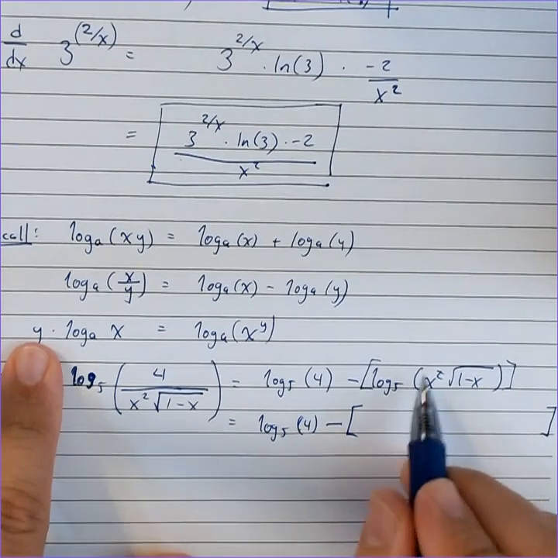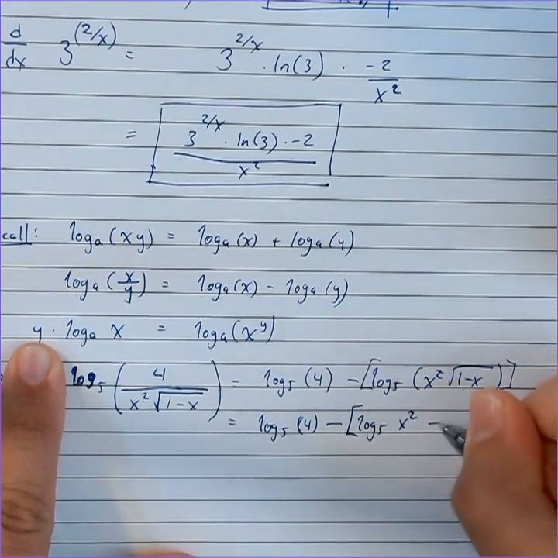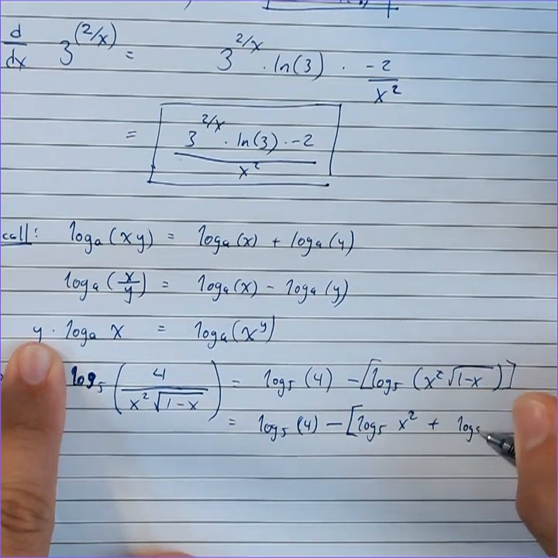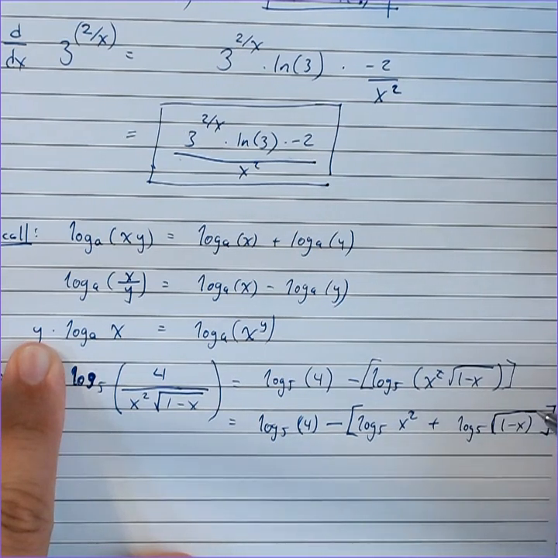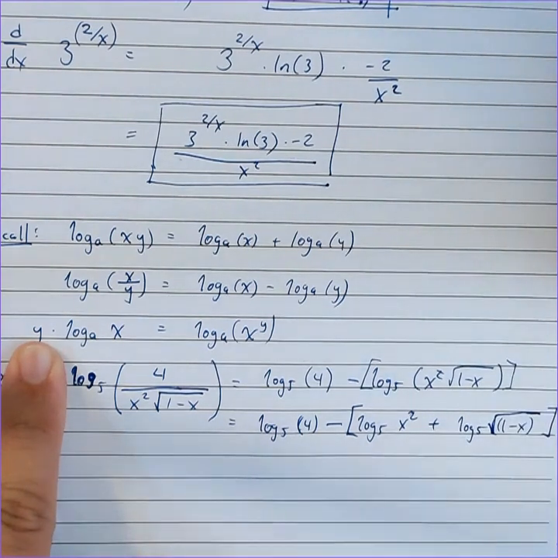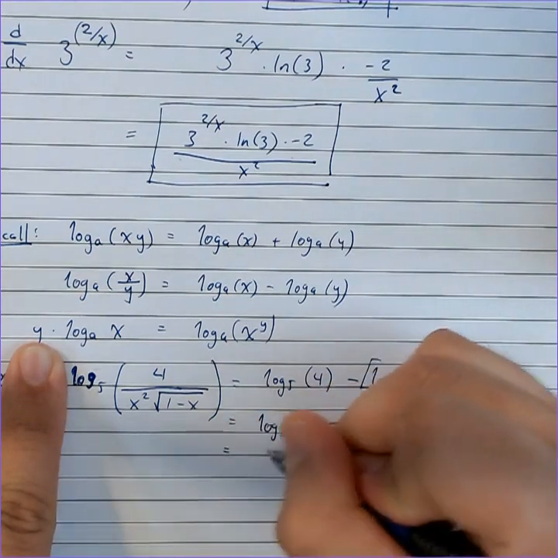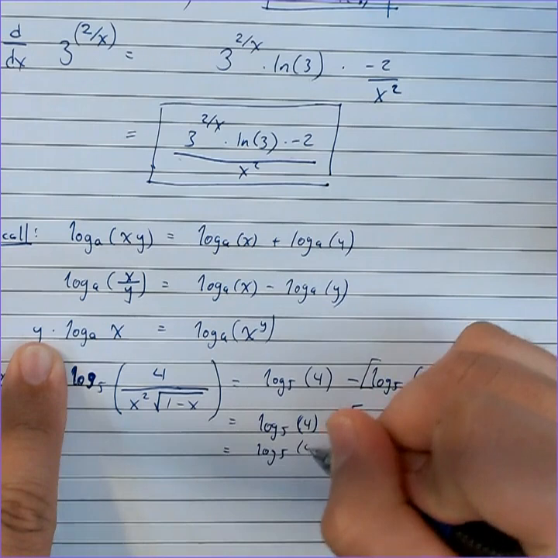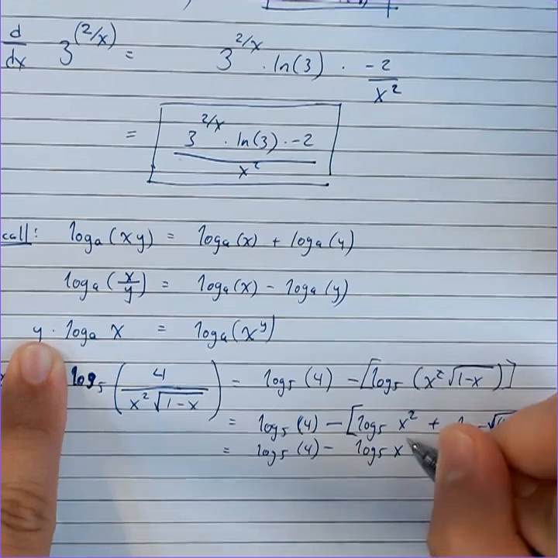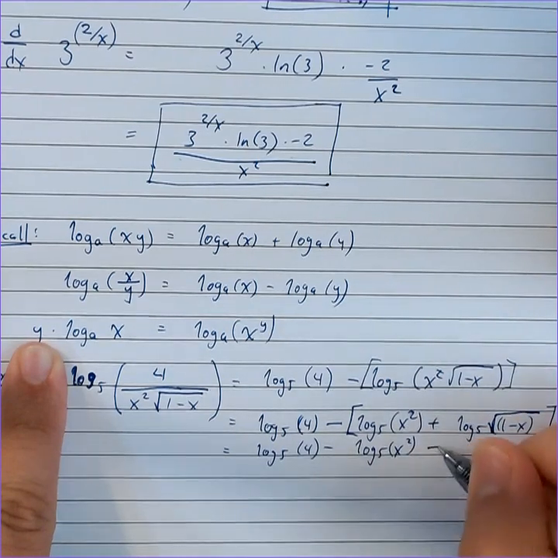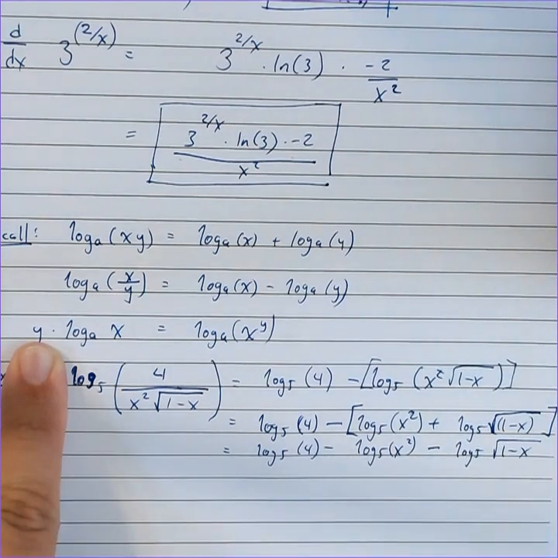This is going to be log base 5 of the first factor plus log base 5 of the second factor. Just like that. Here you can distribute your negative. After all, that negative applies to all of this. So we can write this as log base 5 of 4 minus log base 5 of x squared minus log base 5 of the square root of 1 minus x.